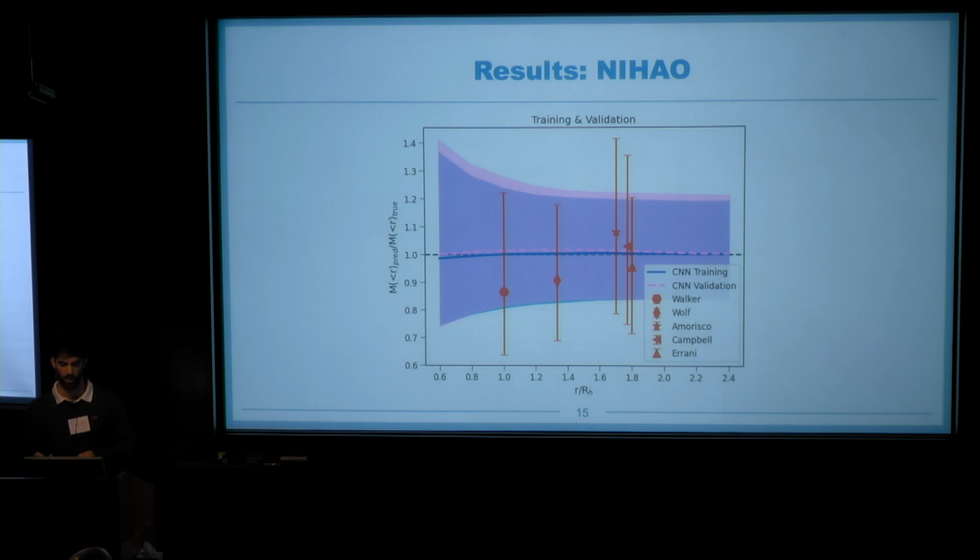What we can see here already is that the bias is improved compared to the mass estimators, and also the dispersion. Furthermore, we are also providing mass estimates at different radii where no mass estimator previously existed. And sorry, I forgot to say, this is training on Nihao and testing on Nihao.